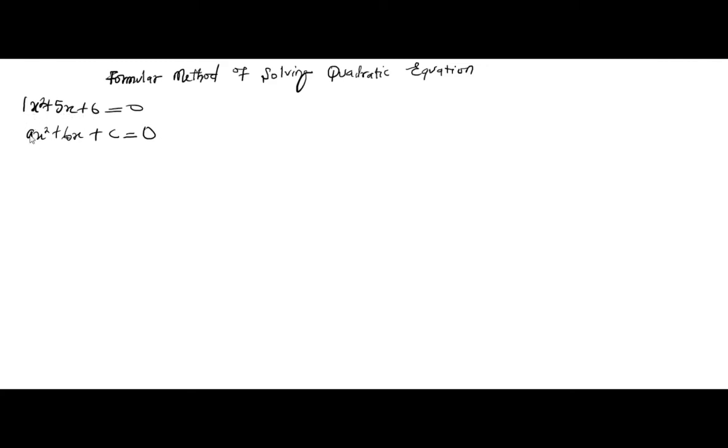So if you compare these two equations, you have that your a equals to 1, because the a here is the coefficient of x squared. Then here your b is the coefficient of x, and the b equals to 5. Then you have your c, which is the constant, that is equals to 6.